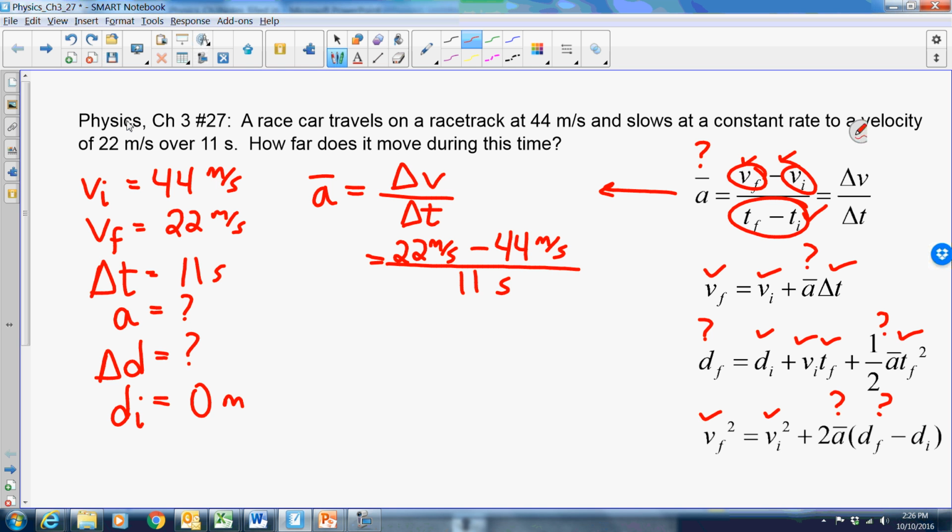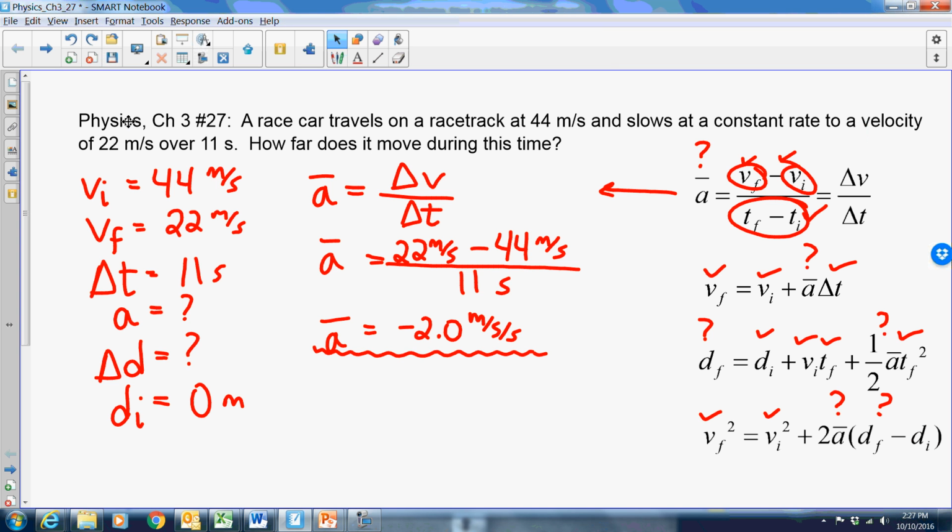Okay, so then I'm going to end up with negative 22 over 11, which is going to be negative 2. So that negative is important. I need to keep that around. Okay, so now I know negative 2. I'm putting 2.0 because I do have two sig figs here that I want to keep around. Okay, so this is kind of like the first thing I need. It's not what they were asking me for.